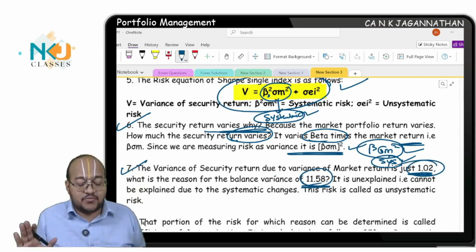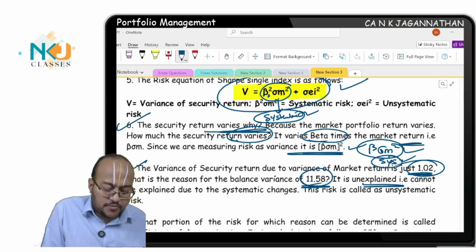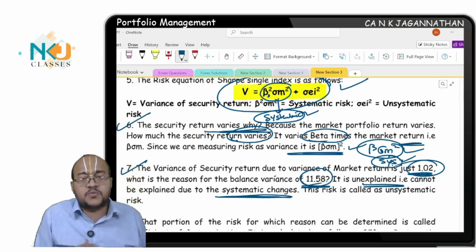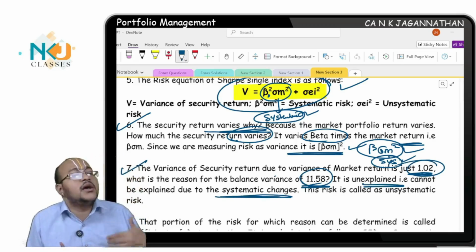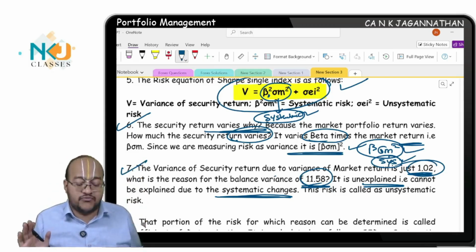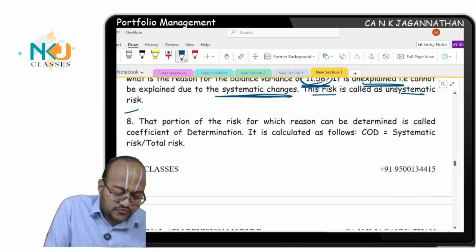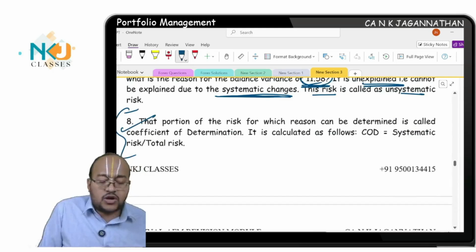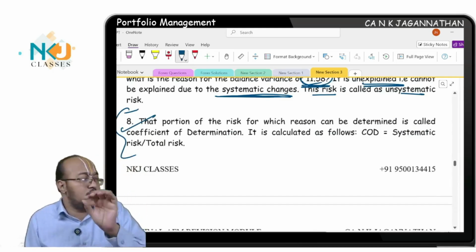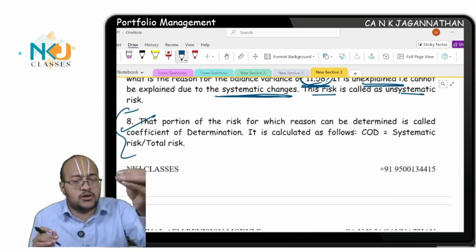This is unsystematic, due to company-specific reasons. It cannot be explained by systematic changes. There are other company-specific factors for which you should not ask a premium. This risk is called unsystematic risk. Now we got systematic and unsystematic, and how to quantify them by formula I also explained.